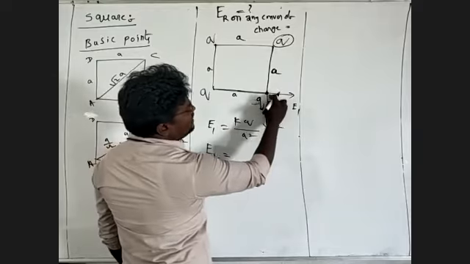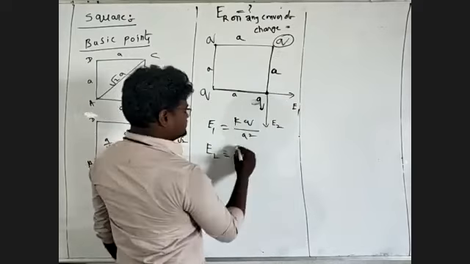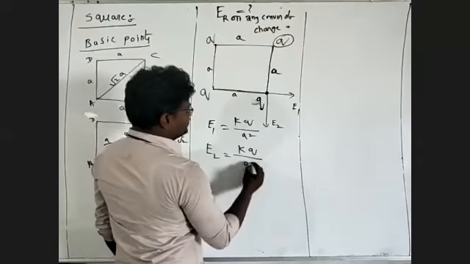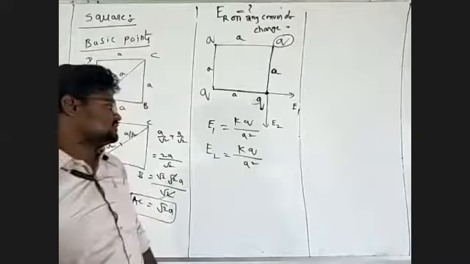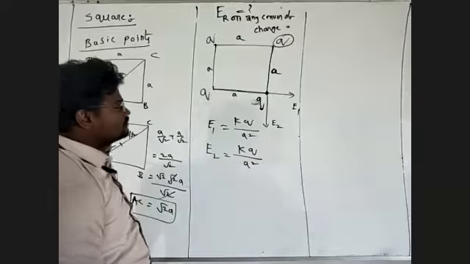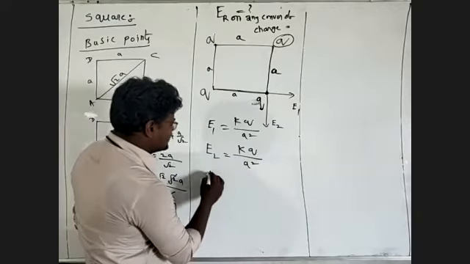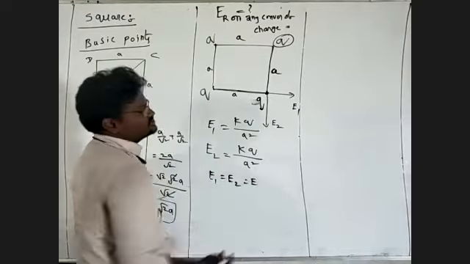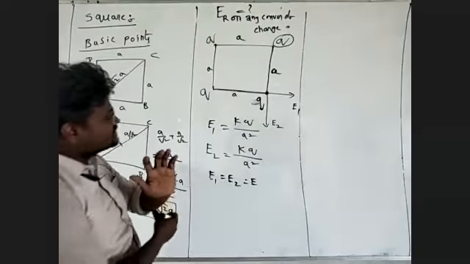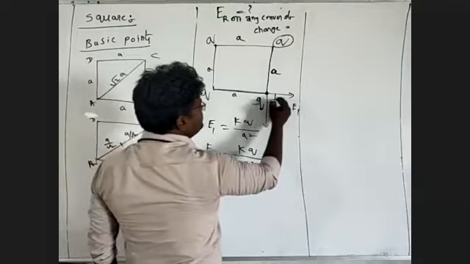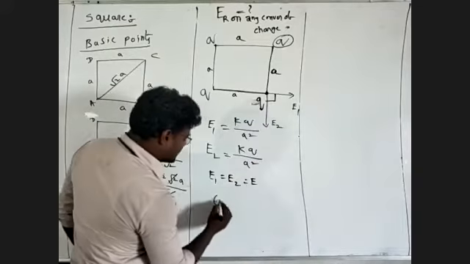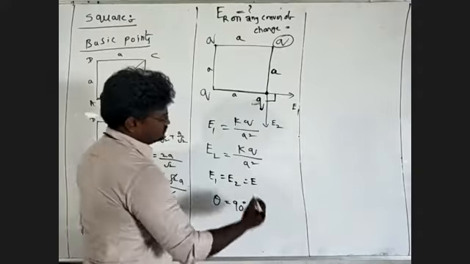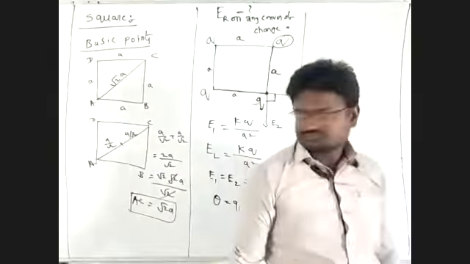At this point we have to calculate E2 due to the charge, KQ by the distance between the two charges, A square. Now E1 and E2 are both the same magnitude. But the direction, the angle between them is 90 degrees.